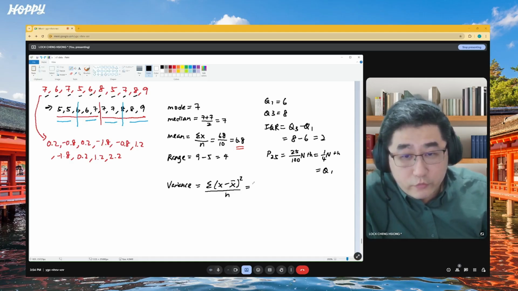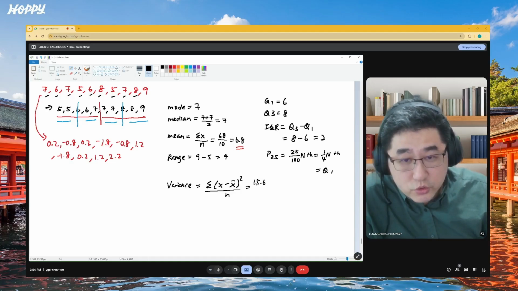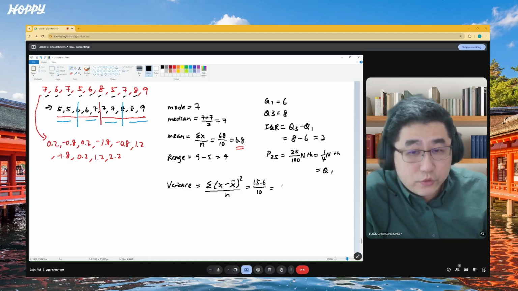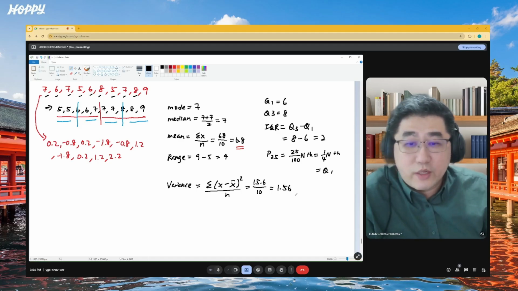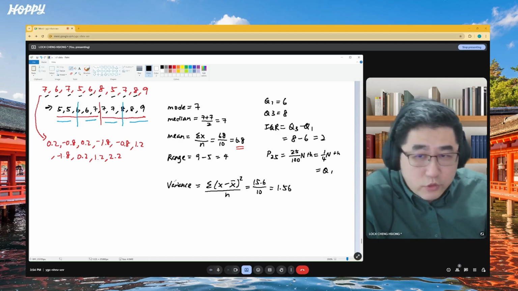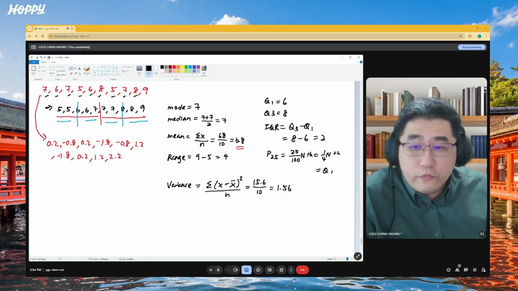So I have 15.6 over 10, so I have 1.56 as my result. This is if I do it in the formal definition form.